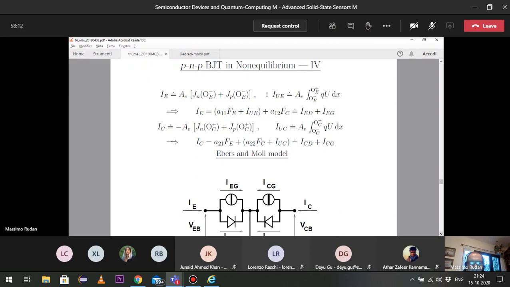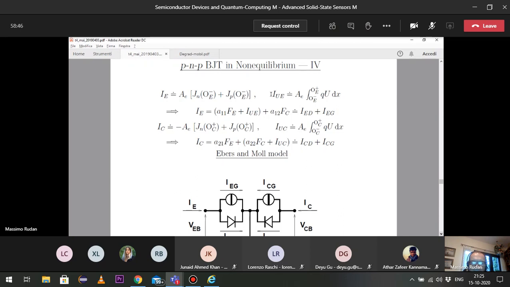Then we define separately a symbol for the recombination current of the emitter junction, IUE. It is the integral of QU, extended over the space charge region of the emitter, multiplied by the cross-sectional area. So this is the recombination current of the emitter.